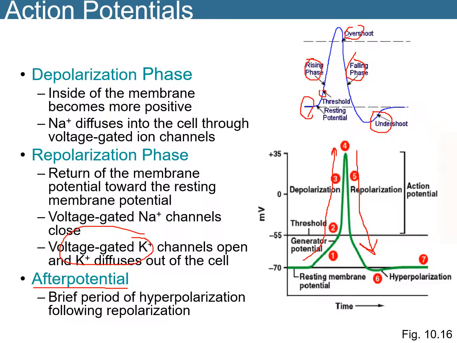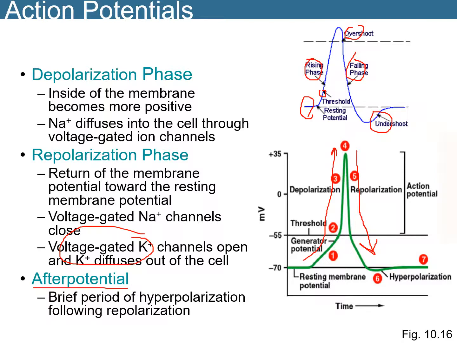So the video that I've placed online that ties these two together, the key here is that the rising phase, the overshoot, and the falling phase are the action potential. Those are the critical ones. The other ones lead us to and take us away from that actual event that occurs above threshold.